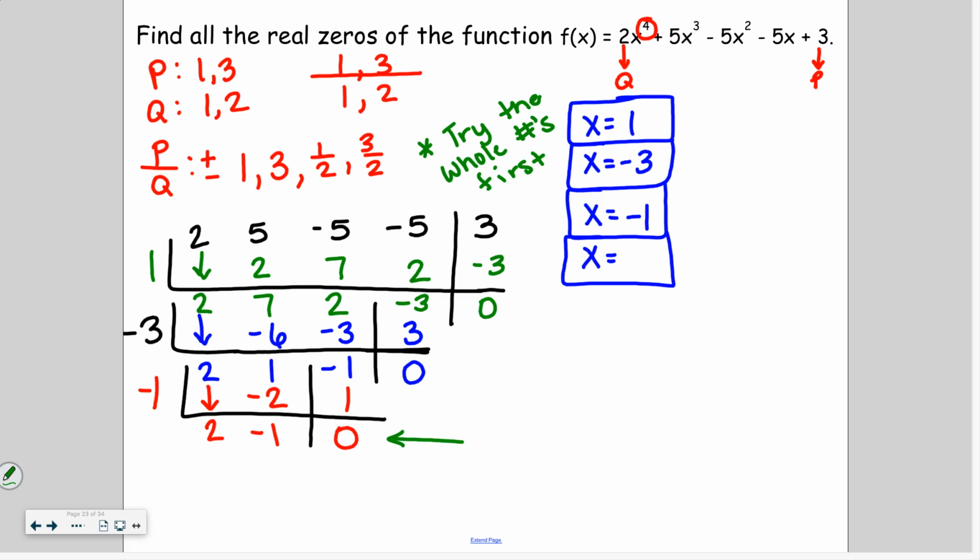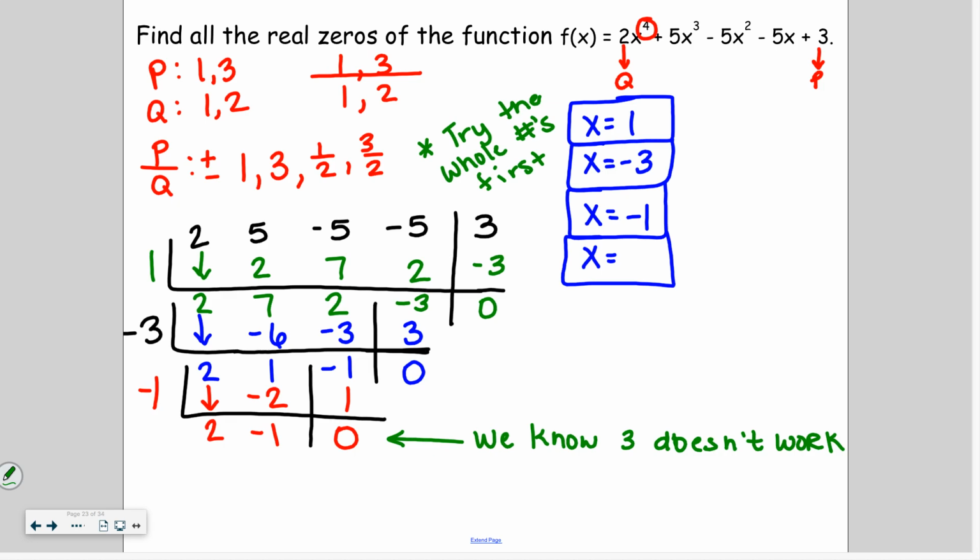So if the 3 doesn't work, there's nothing we can do with a negative 3 to get the 2 and the negative 1. So what about the 1 and the negative 1? Could they repeat?